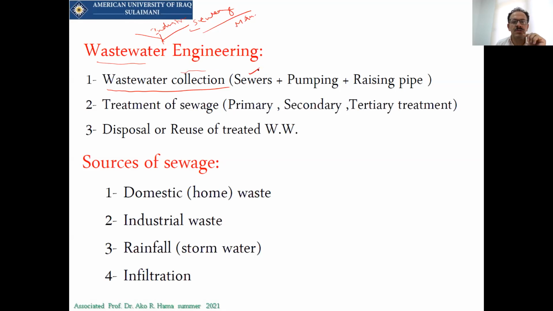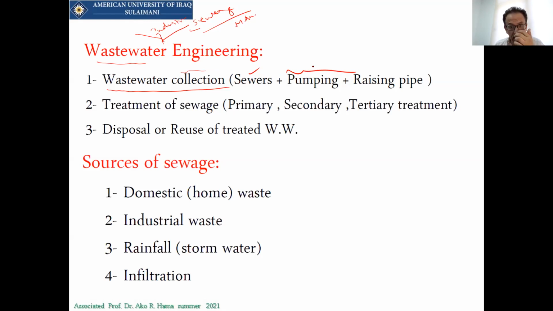We will dispose the waste to the sewers, and we have pumping. We are in Slemani, and we are not using pumping, because of the topography of this city we have a sloped city area, and that's why the flow will be all by gravity.